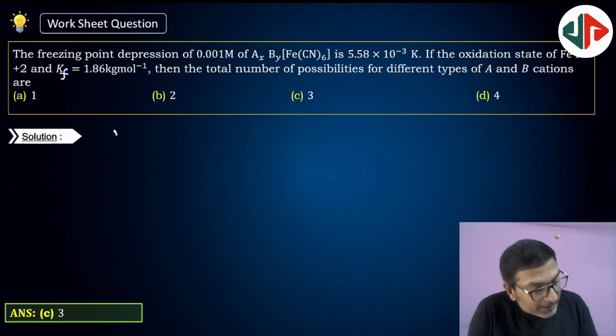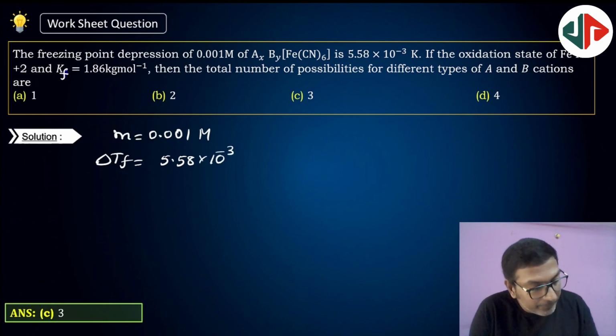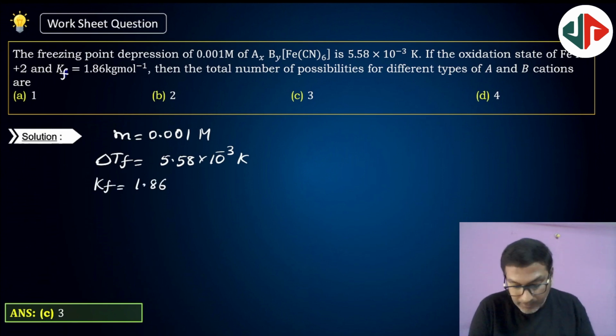So first here molality is given 0.001. Next, delta Tf is given 5.58 into 10 power minus 3 kelvins. Kf value 1.86. So from this we can calculate i value.